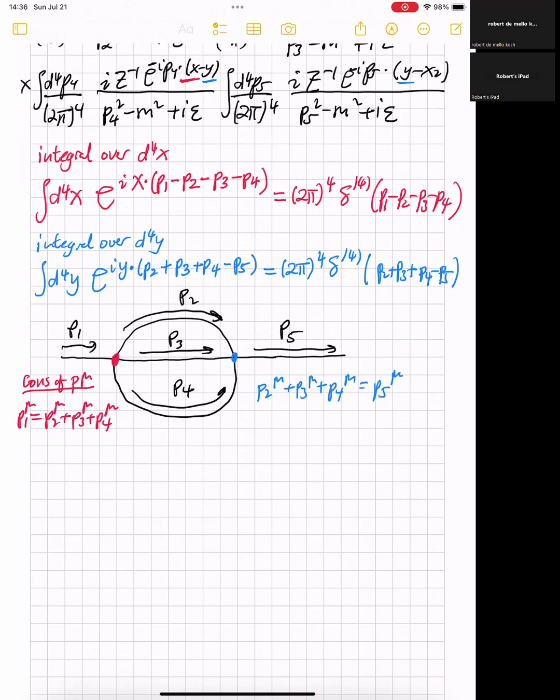So by integrating over the position of that vertex, by integrating over y, we have enforced energy momentum conservation at that vertex. In every Feynman diagram, you integrate over every vertex, so you always enforce the conservation of energy and momentum at the vertex. Good.